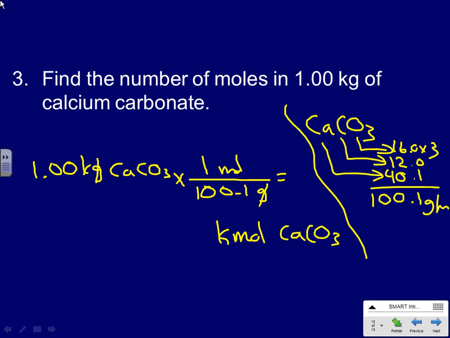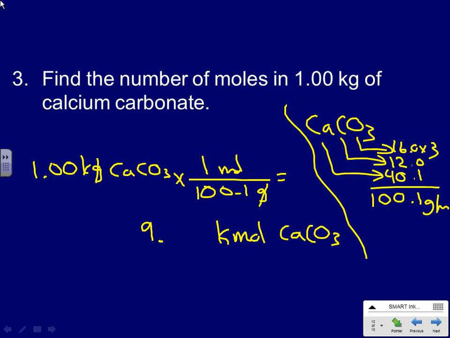Emily, what do you got? 9 point, no, it can't be because I'm taking 1 and I'm dividing it by 100. Did you convert it into grams first? So you did 1 divided by 100.1? Is that in scientific notation?